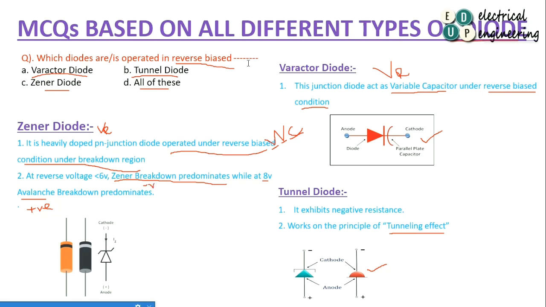The Zener diode is used as a voltage regulator, and it is also known as a constant voltage diode, and this is the symbol of the Zener diode. That means the Zener diode also conducts in reverse biased voltage. So the answer to this question is option D, all of these.